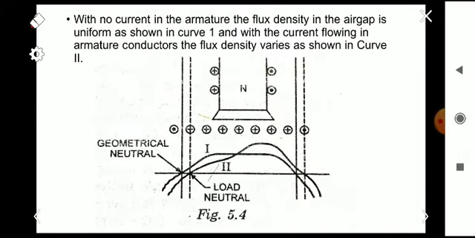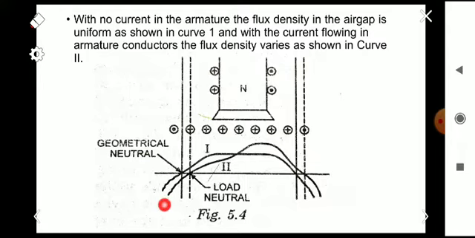And with no current in the armature, the flux density in the air gap is uniform. So this is the uniform normal flux density in the air gap, that is curve 1. Curve 1 shows the normal flux density in the air gap, but due to the armature reaction, the zero crossing point changes to another point, and this is the actual magnetic flux density curve we obtain under a pole.